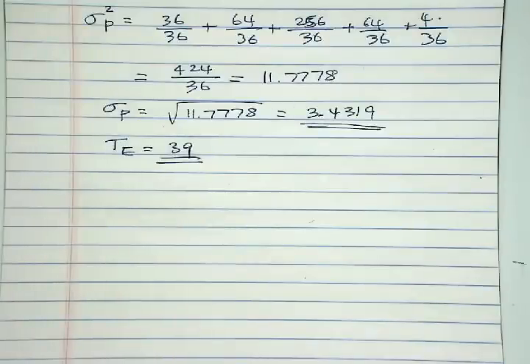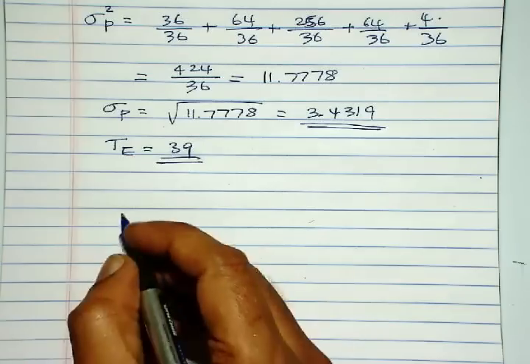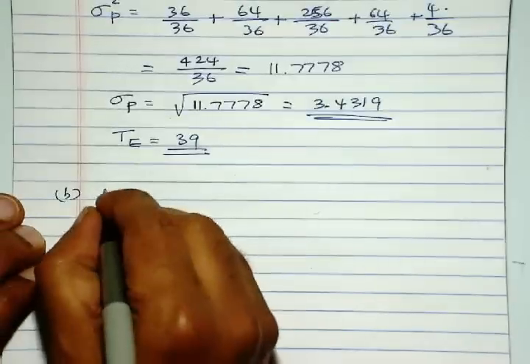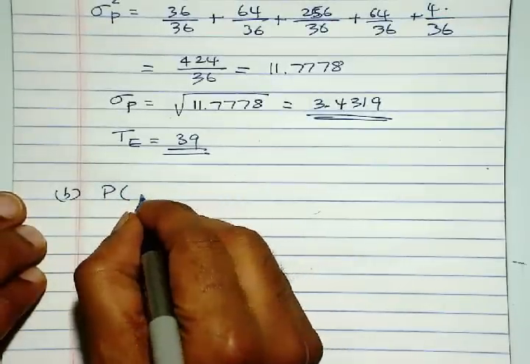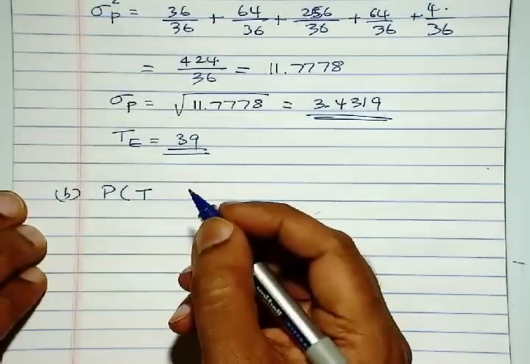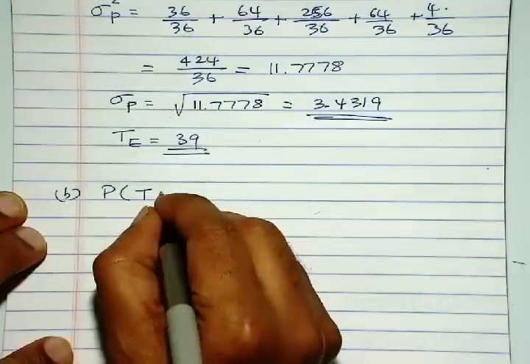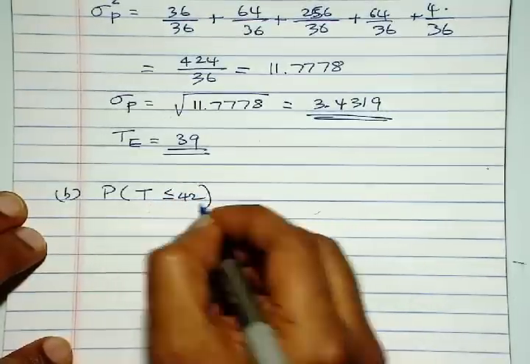Okay, the first probability that we need to compute is the probability that the completion of the project is before 42. So this is what we want.